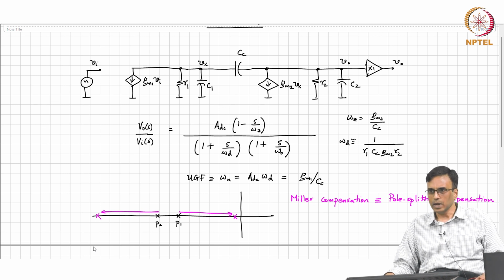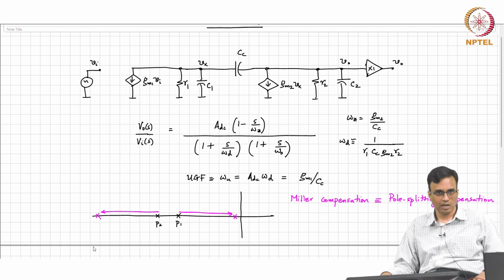And so now can you see the analogy here? What are the poles? The poles are nothing but the roots of the characteristic equation, analogous to the natural frequencies that you have with E equal to h nu type energy calculations.